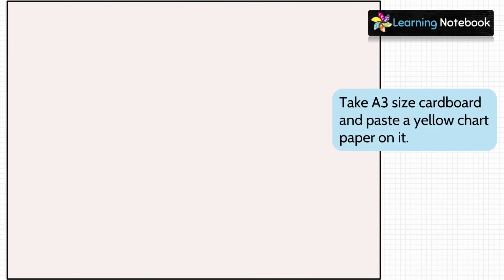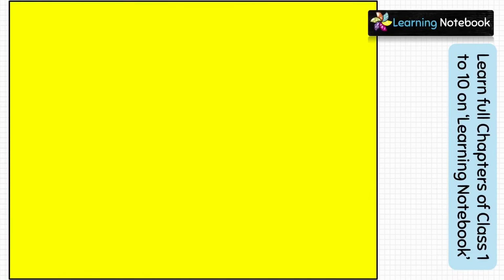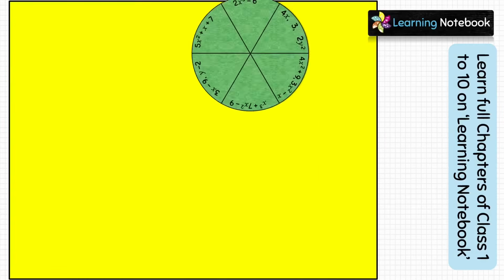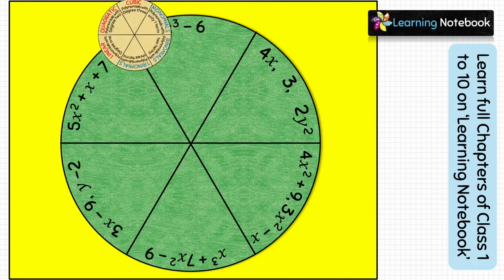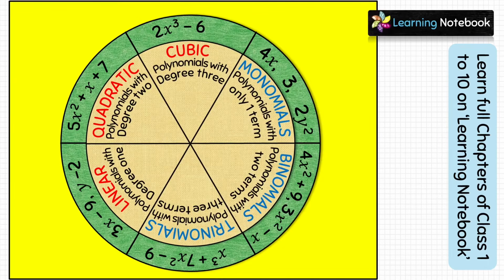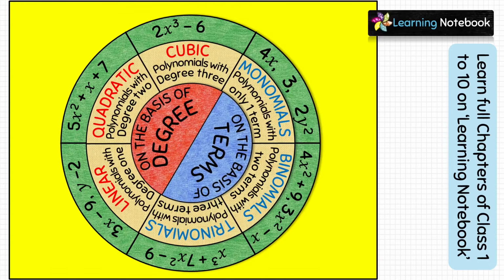So students, now we have made all the preparations for our working model. So let's assemble it. We will take one A3 size cardboard and paste a yellow chart paper on it. Now on this cardboard, first place the green circle, then place the yellow circle on it, and then we will place the red and blue circle on this yellow circle.